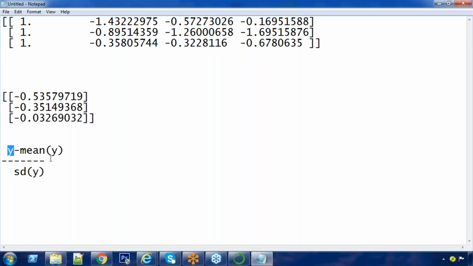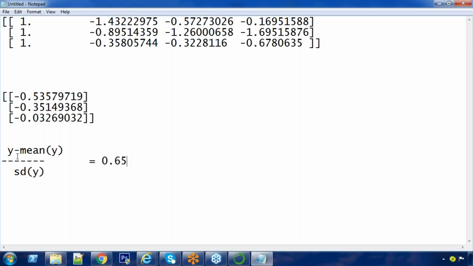I want this y, sir. Now think that the value is 0.65 for one row. How to unscale it? Multiply with the standard deviation and plus the mean value.